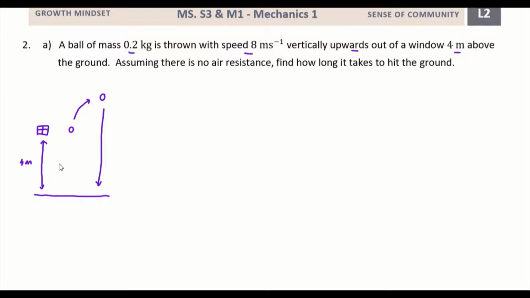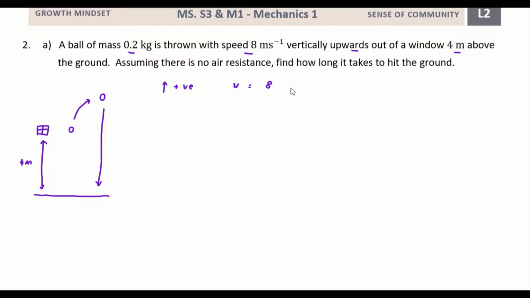So depends on you whether you want to do your positive direction. In this case we can take moving up as positive, because initially it goes up first, right? If going up is positive, the ball is thrown with a speed of 8 meter per second, so our initial velocity is positive as well.